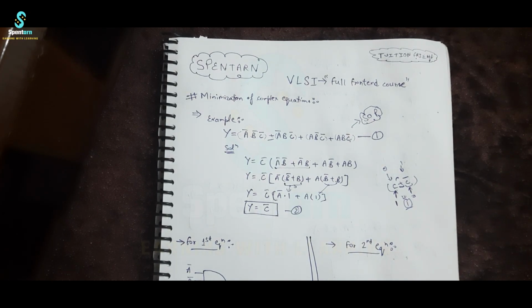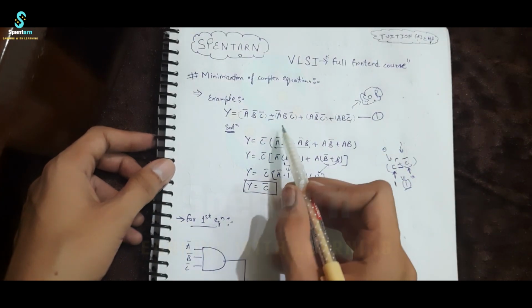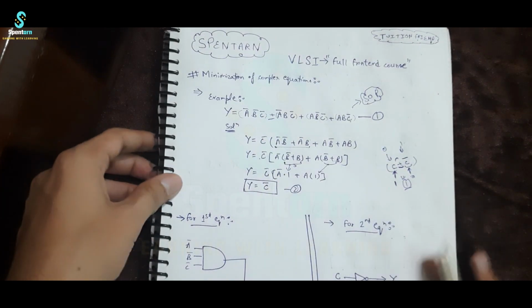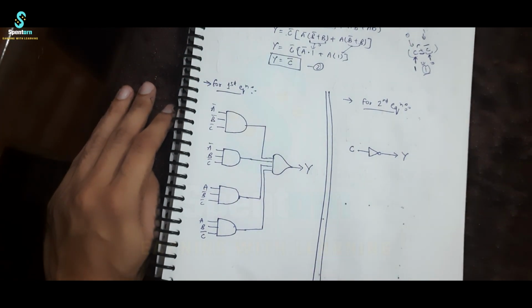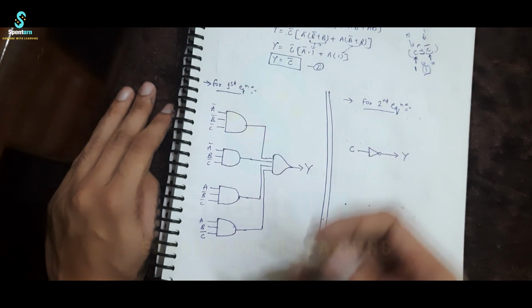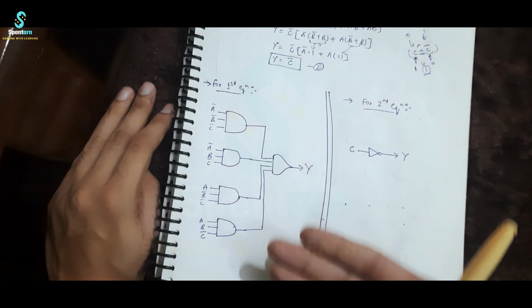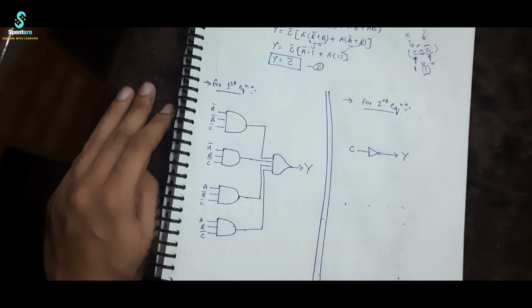Why minimize the equation? Because see here, if I want to denote this first equation with logic gates, I will be getting this huge circuit. Even though I haven't used the NOT gate for A bar, but directly represented it, we will need 5 logic gates here, right?